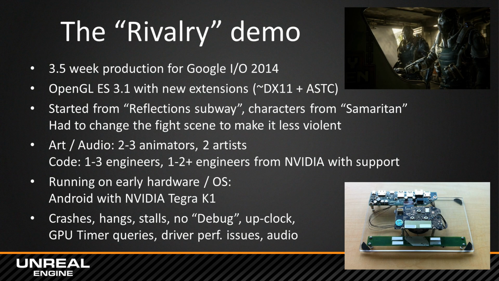So it has roughly DirectX 11, plus additional things like the ASTC texture compression format. That was very good for us, because then we could use our deferred rendering code path.